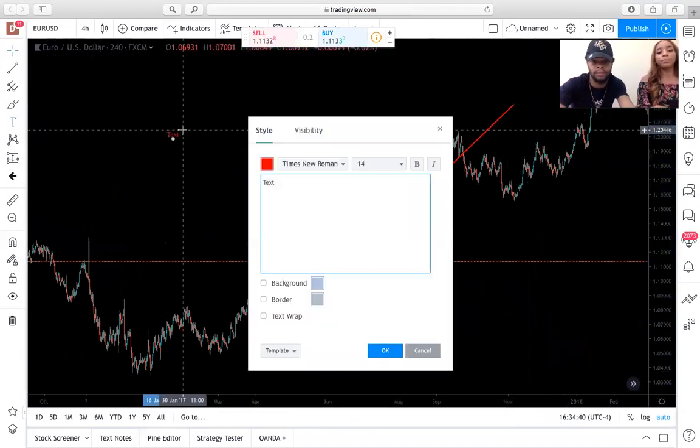On an uptrend, right? You're looking for buys. It's a buying market. And you want 2 or more touches, right? 3 for confirmation.